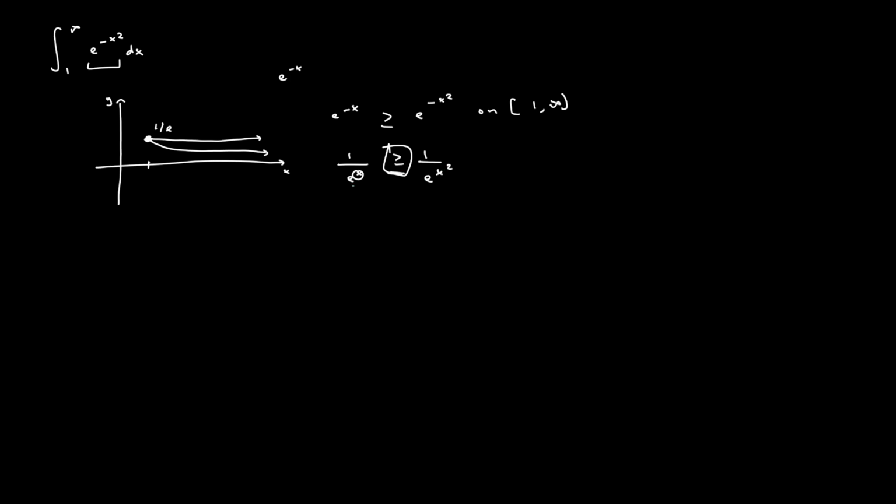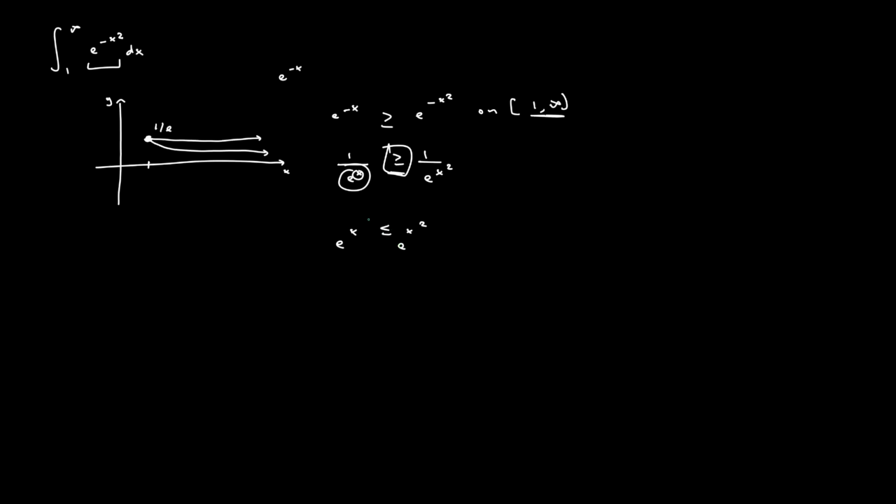Since on 1 to infinity, x will always be less than or equal to x squared, e to the x will also always be less than or equal to e to the x squared, because we're just applying a monotonic transformation.